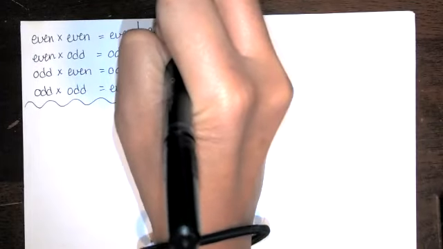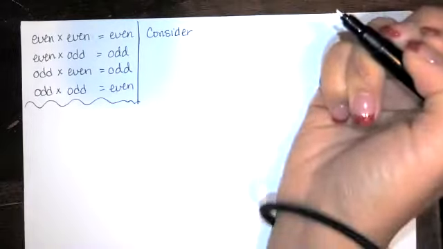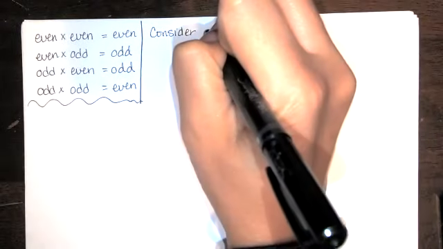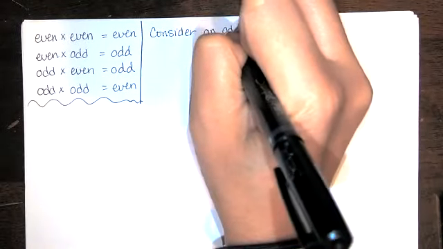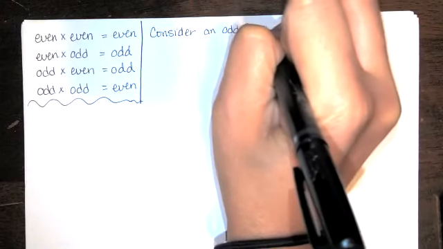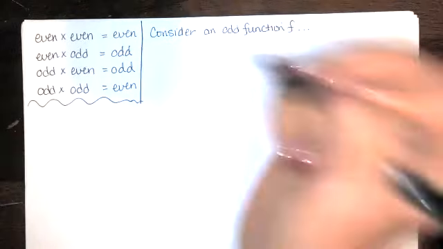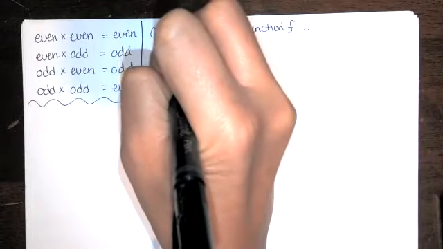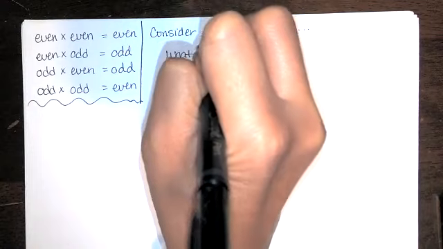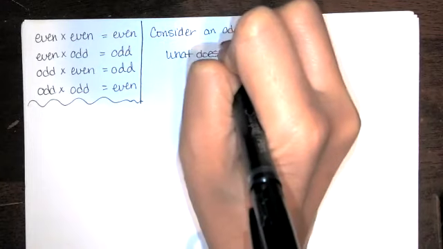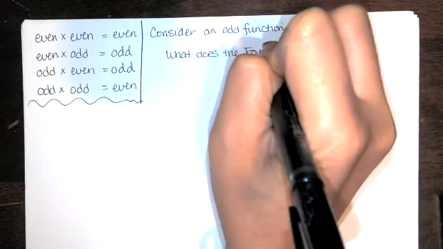Let's consider a function f. You've got an odd function f. What does the Fourier series look like?